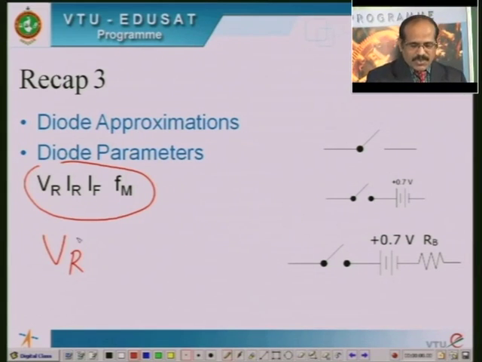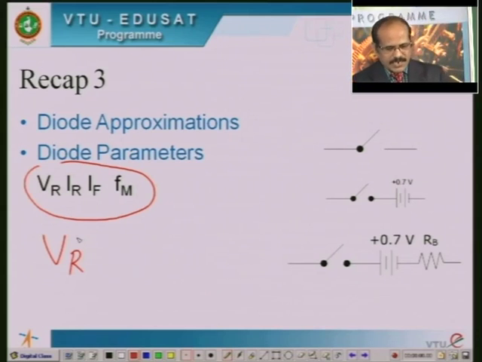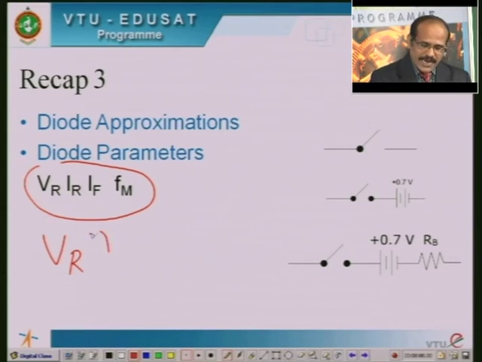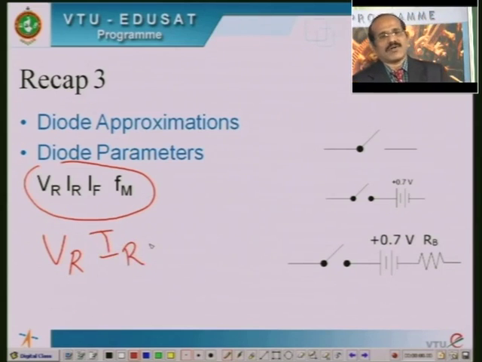Therefore, VR is defined as the maximum value of reverse voltage that can be applied across the semiconductor device. The second parameter we defined is IR, which is the maximum allowable reverse current that can flow through the device when the device is reverse bias.